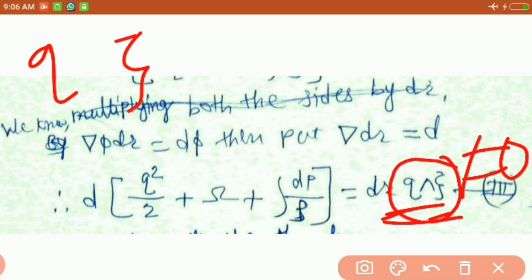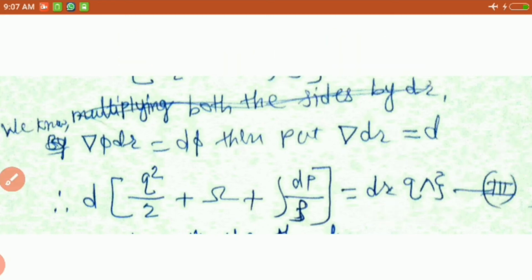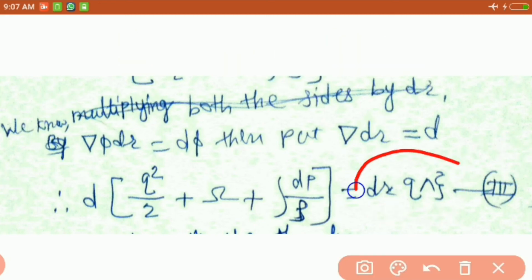If dr is not equal to 0, then what we get? Then this dr into q cross zeta is 0.